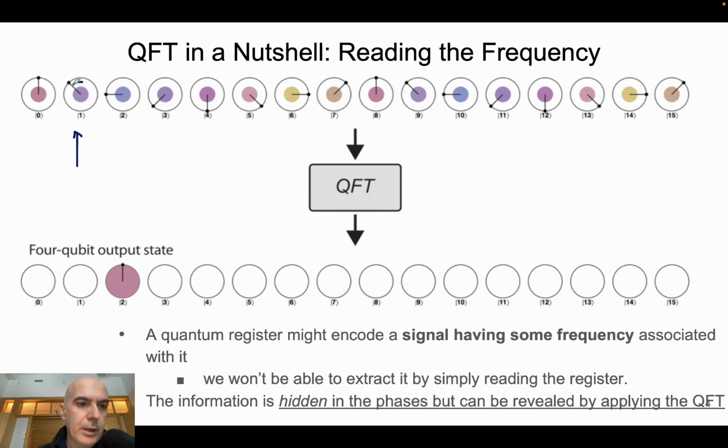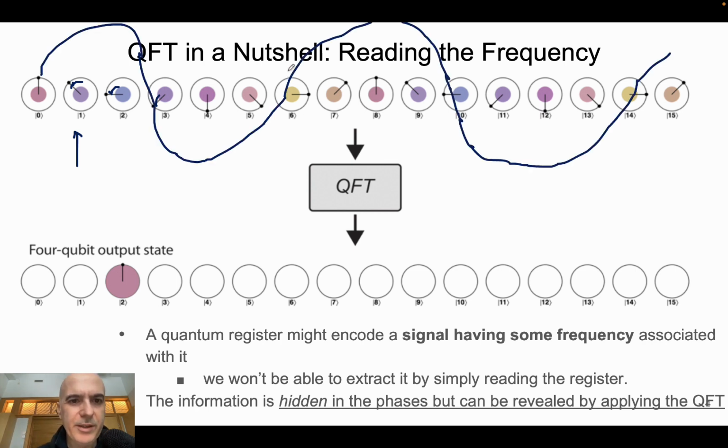You see there is a rotation of the relative phase of 45 degrees for each of the states. We can see it also as a sinusoidal kind of signal. Sorry for my bad drawing, but we see that the signal is encoded in basically two oscillations.